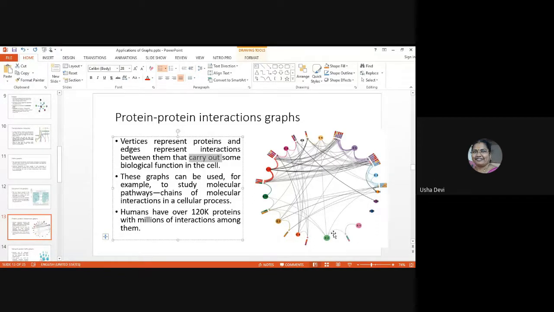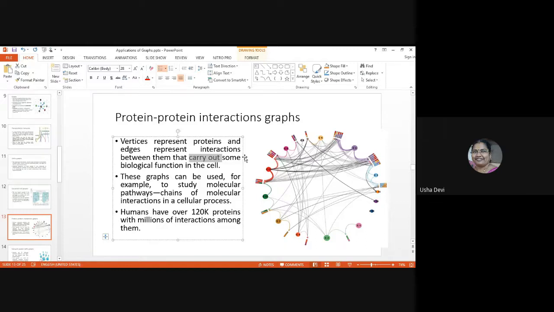It passes some information from one to another, and all these links or edges have an interaction between one protein to another protein. That is your protein to protein interaction graph.